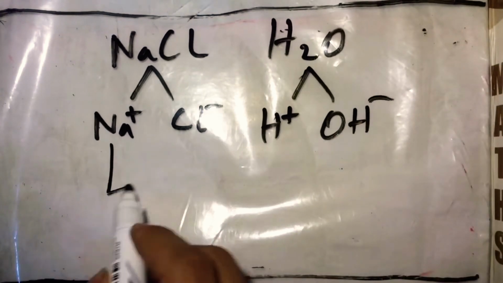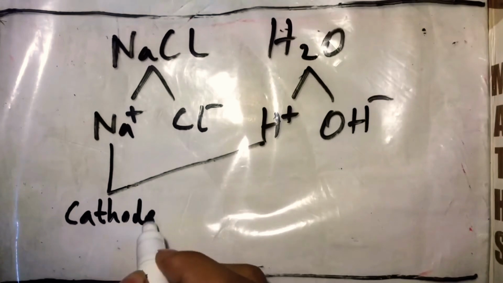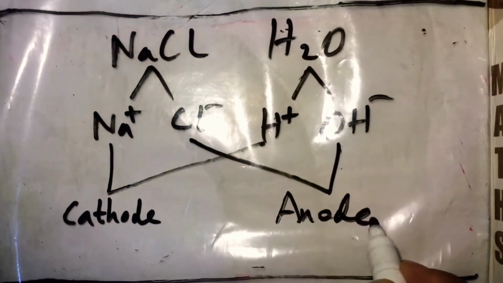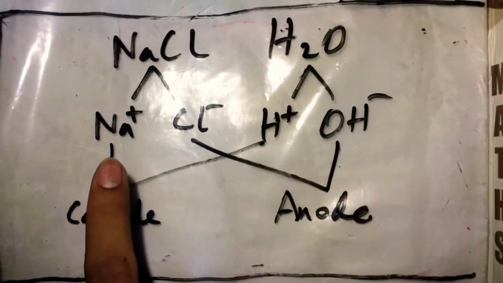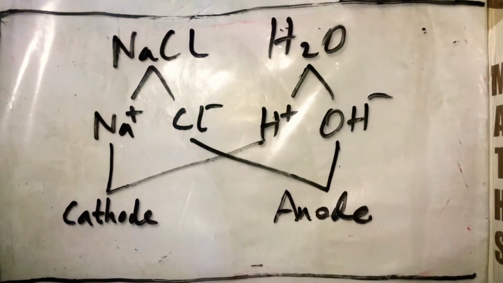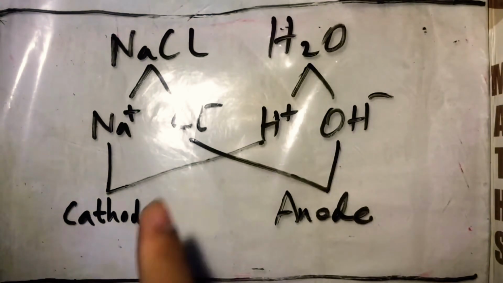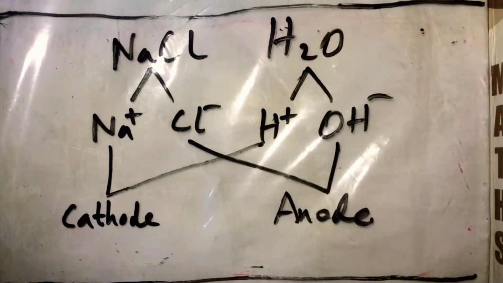Now sodium and hydrogen both will move towards the cathode, while chloride and hydroxide both will move towards the anode. However, according to the reactivity series, hydrogen is lower than sodium, so hydrogen will discharge first. And for chloride and hydroxide, whenever chloride is in an aqueous compound, it always discharges first.